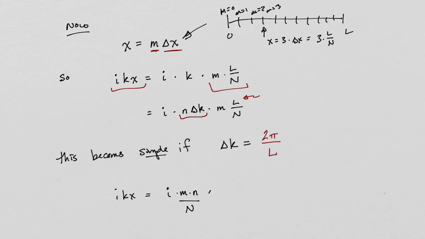This thing that I have in the middle is just indices: m and n, which are how many over am I, and n, which is the total number of points. There's actually nothing in this expression anymore that has anything to do with the physical system.